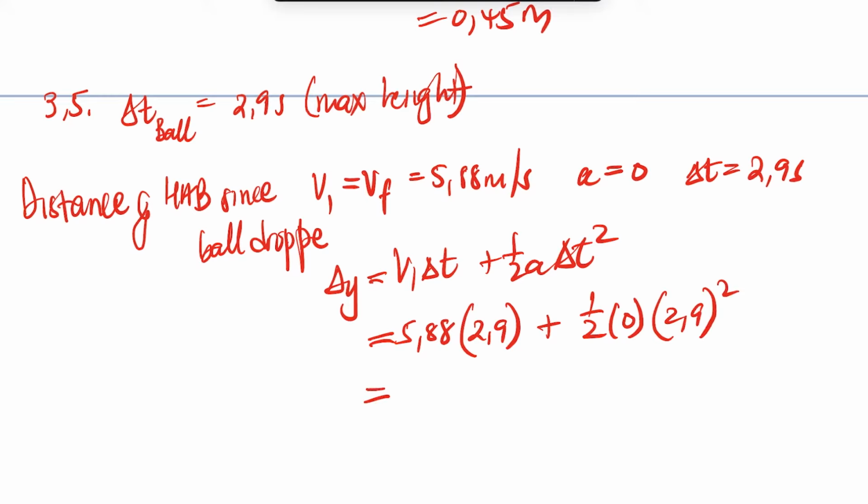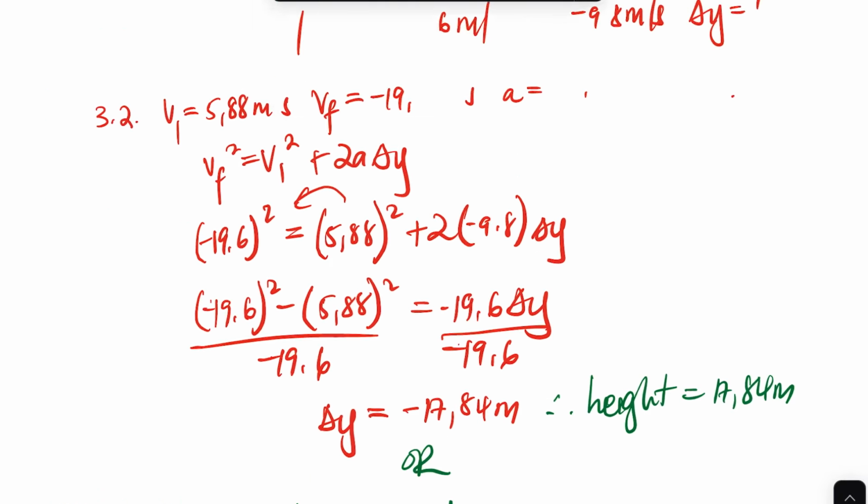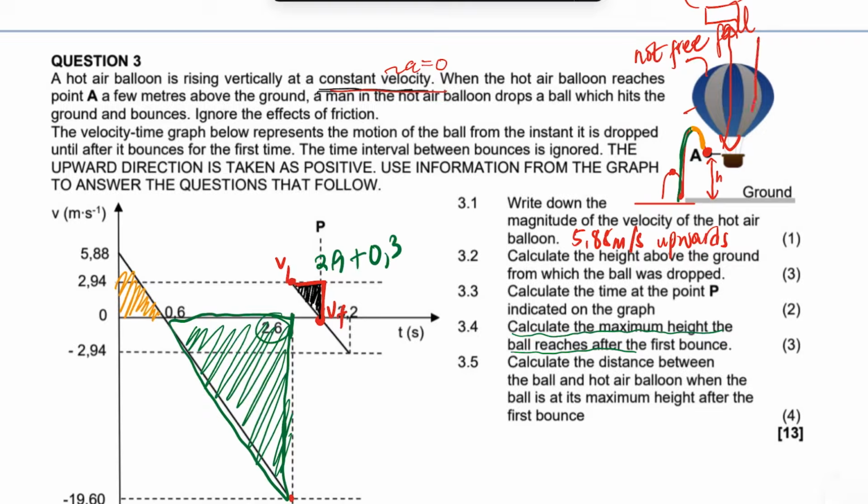And then the answer when you punch 5.88 times 2.9 in the calculator is 17.05 meters. So this is the height here, where it dropped, it's 17.05 meters.